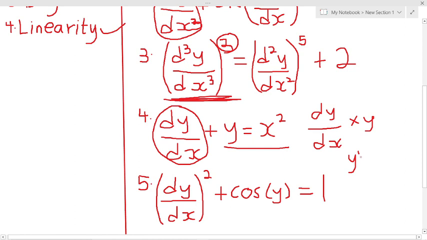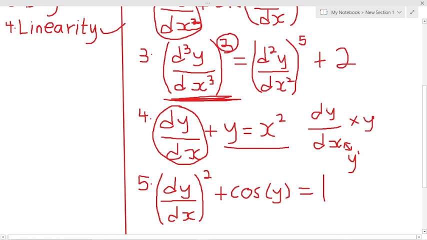Y prime here is different from y exponent 1. So if you see y prime in any book at all, it also means dy/dx. So the short form for writing dy/dx can also be y prime.